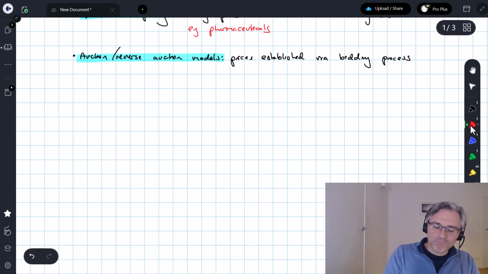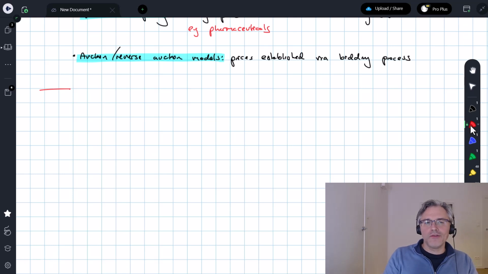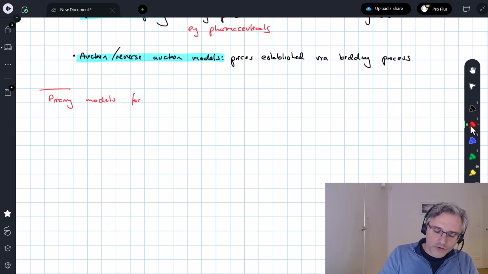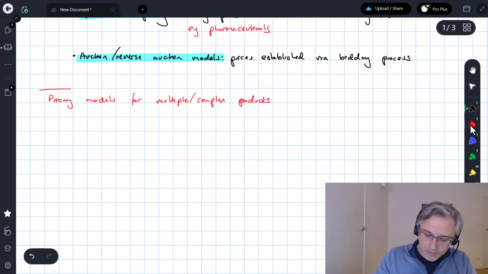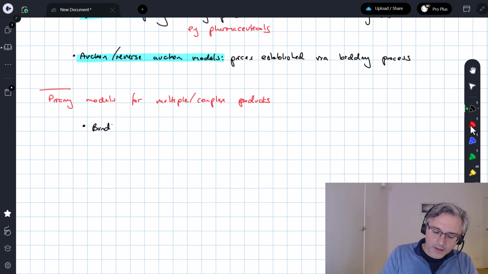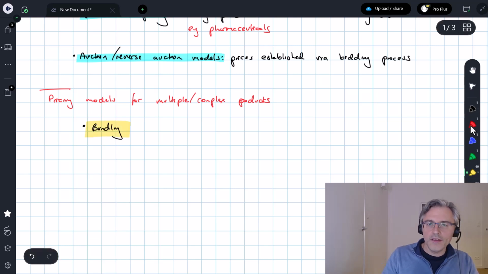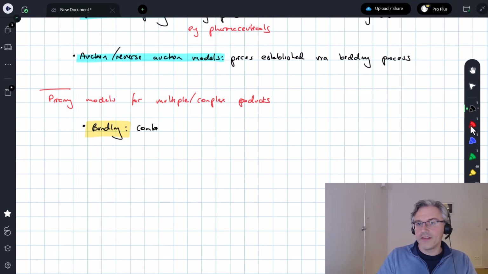Now, the next section of this little topic area talks about the pricing models that are applicable when trying to sell multiple or complex products, and they talk about bundling. Bundling is basically combining multiple products or services into one bundle, into one package.